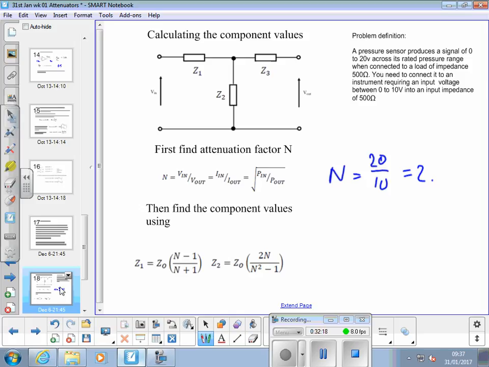We also know from the problem that Z0 is 500 ohms. Now that we know N, we can plug into these two equations down here and find the value of Z1 and Z2. I'll just pause there and let you do that, then we'll move on.